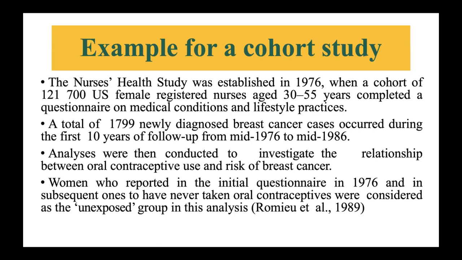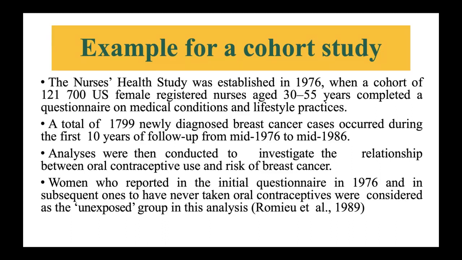Analyses were then conducted to investigate the relationship between oral contraceptive use and the risk of breast cancer. Women who reported in the initial questionnaire in 1976 and in subsequent ones to have never taken oral contraceptives were considered the unexposed group.